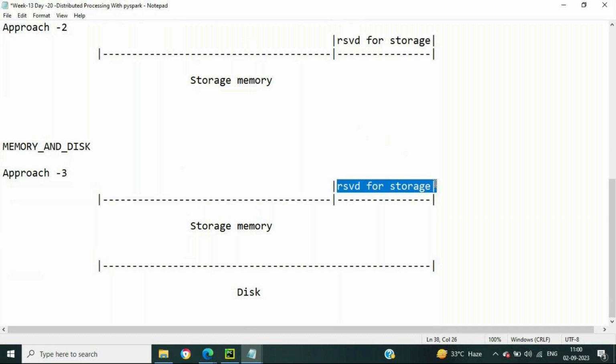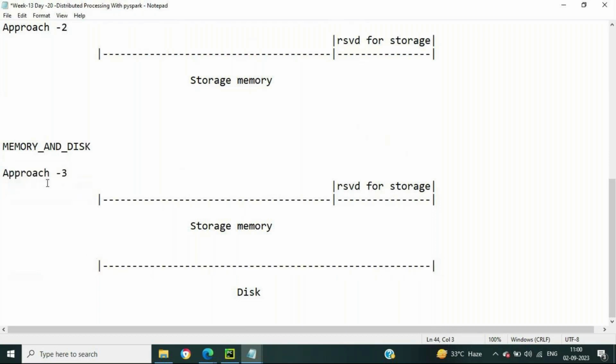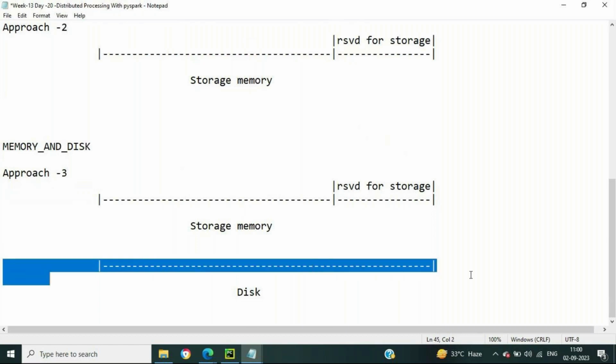Some portion is there inside the memory and some portion is there onto the disk. So approach number three is saying, if we are having more data to cache or to persist, then we can persist that particular intermediate result on disk as well.